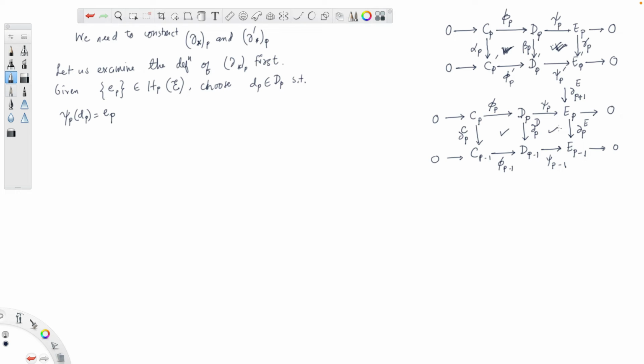Okay, so we take the class of e_p belonging to the pth homology of the chain complex E. We know that the pth homology of the chain complex E is equal to the kernel of del_p^E, quotiented out by its subgroup, the image of this map, del_{p+1}^E.